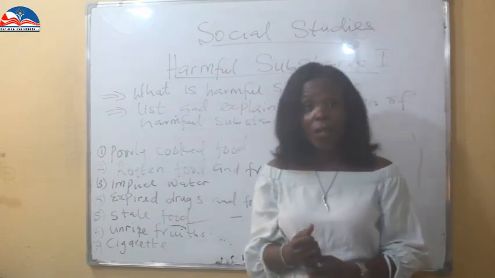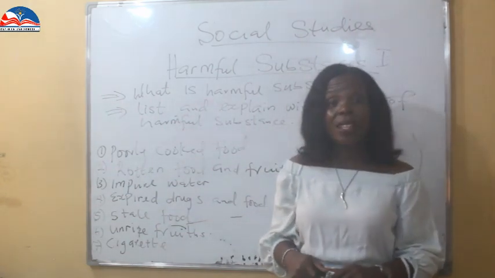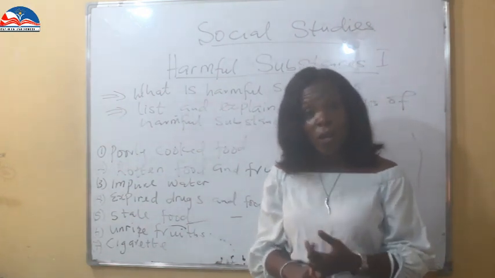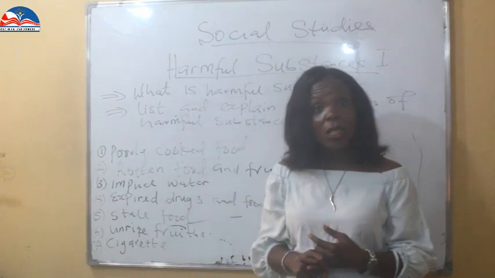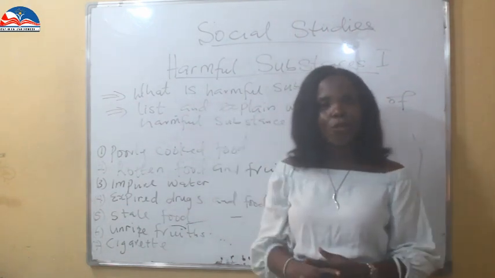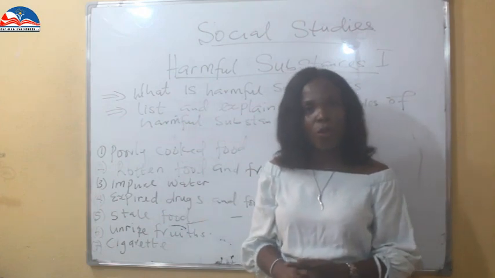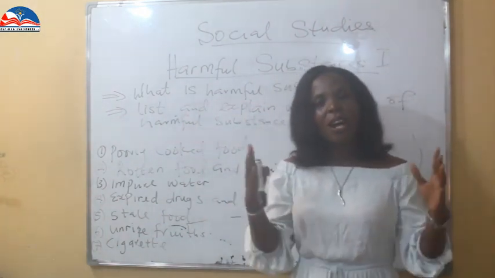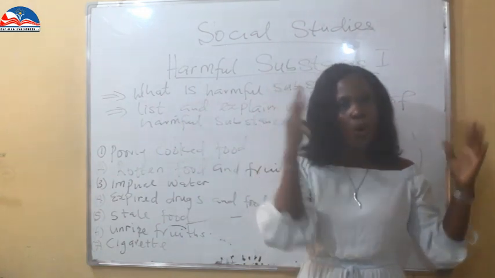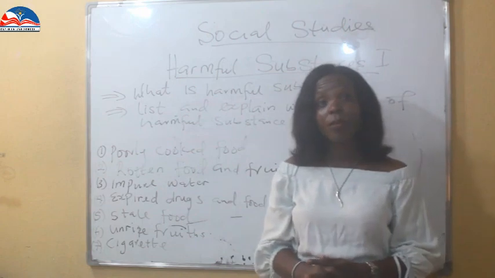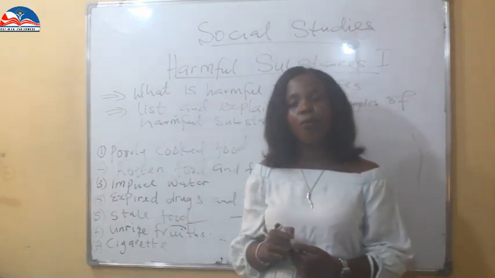Unripe fruits. There are fruits that, if they are not ripe, are not fit for consumption. Unripe mango, unripe orange, unripe pineapple. Fruits in general need to be ripe before you consume them. Once it is not ripe, it is harmful, because the chemical substances you're going to consume from those fruits are going to be harmful to your system. So don't consume unripe fruits.